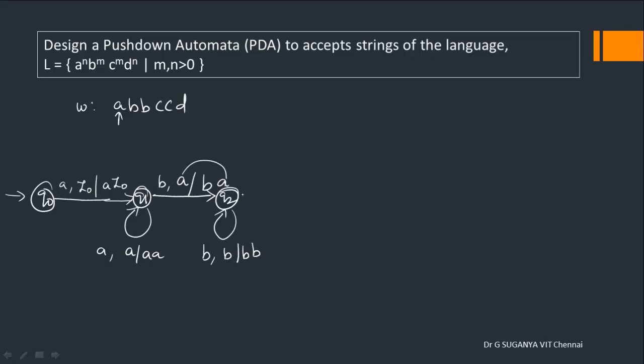B/BB. Now C is expected to be on the input, which has to be mapped against B. So B should be on the top, pop it out.